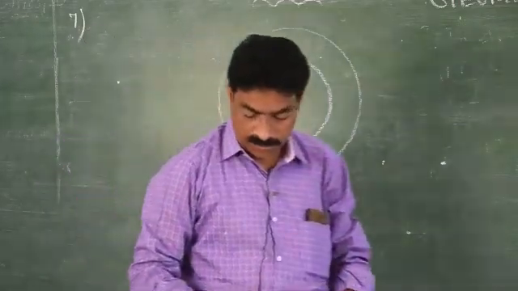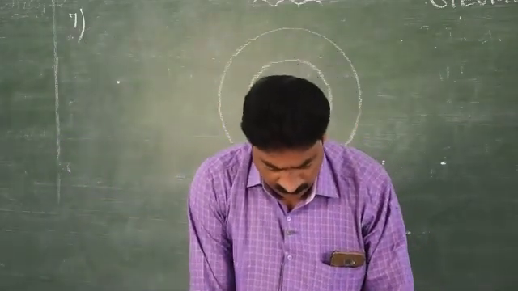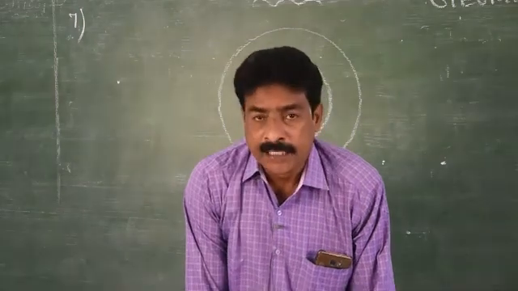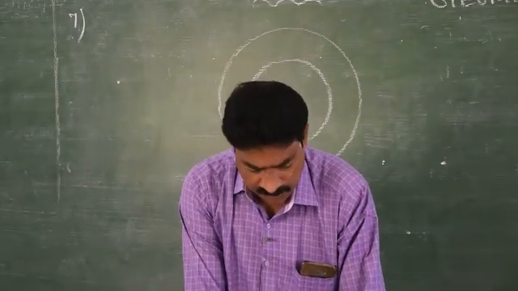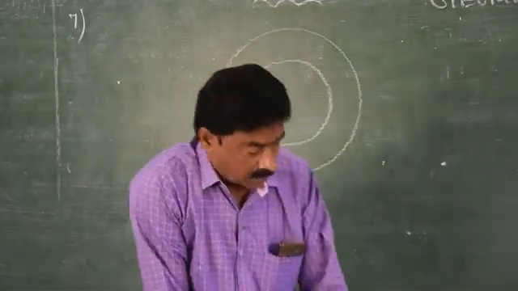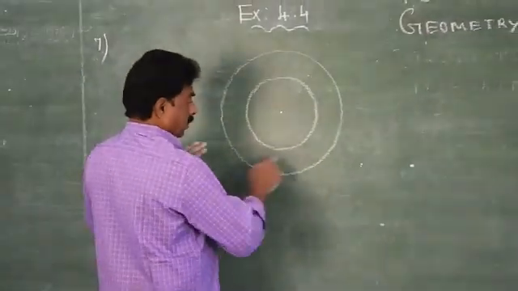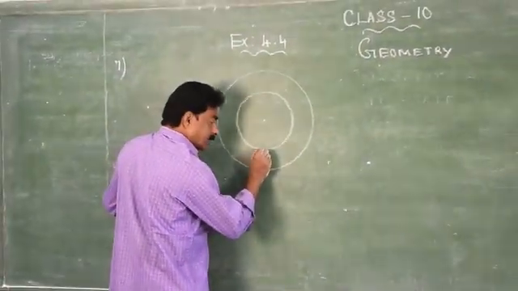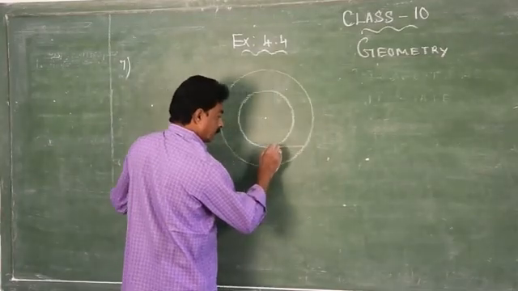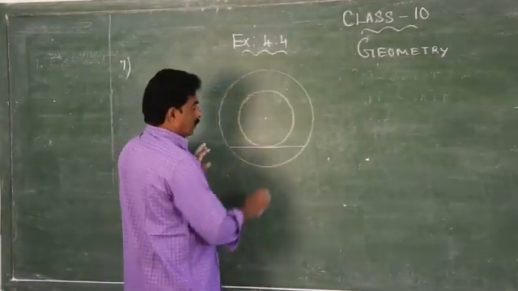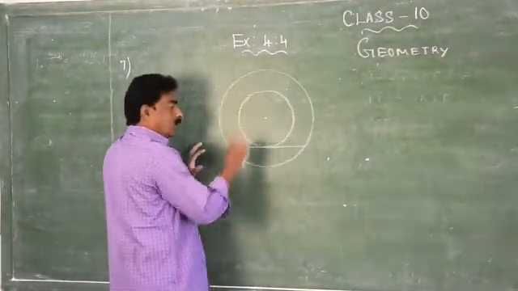So these are the 2 concentric circles. What is given? A chord of length 16 centimeter of a larger circle becomes the tangent of the smaller circle. This is a larger circle. The chord of larger circle becomes the tangent. That means it goes like this. So this chord is the tangent to the smaller circle.